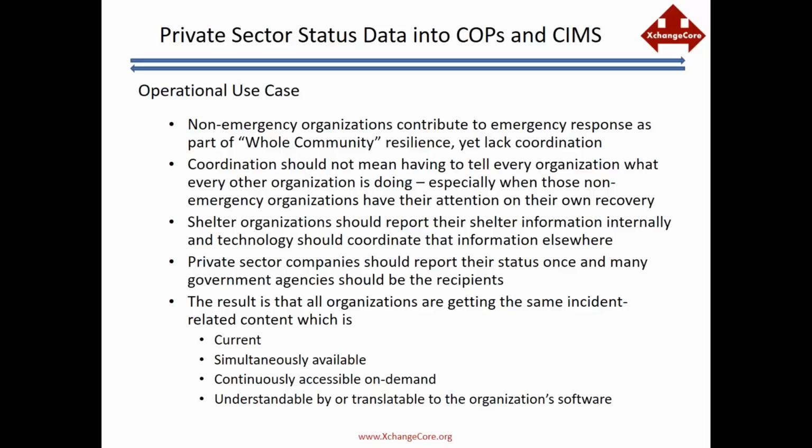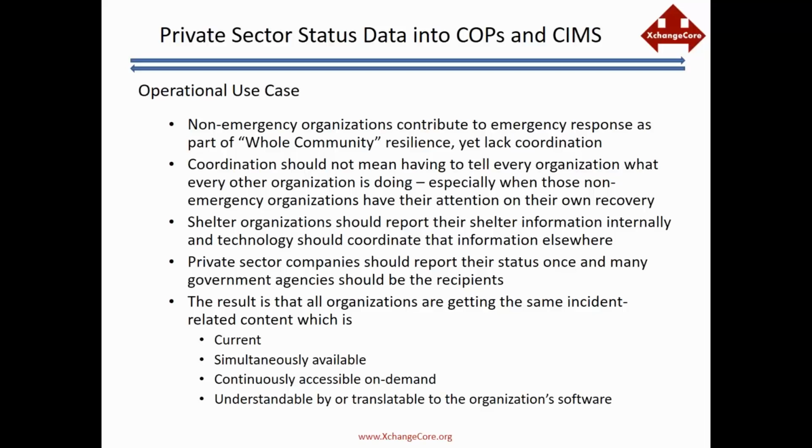So shelter organizations should be able to report their shelter information internally to their organization. So Red Cross reports to Red Cross. If it's a Salvation Army and in feeding locations, they should be able to report to themselves, doing only what they need to do, and technology should be able to coordinate that information elsewhere.